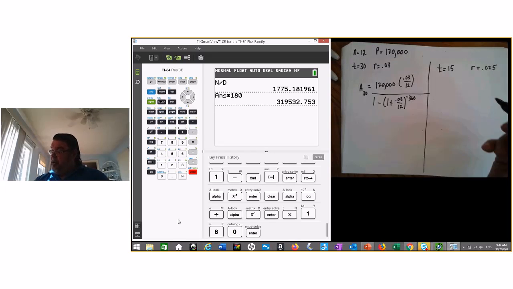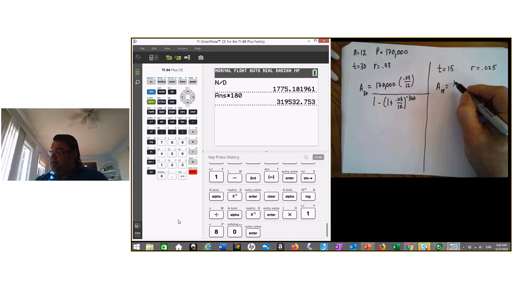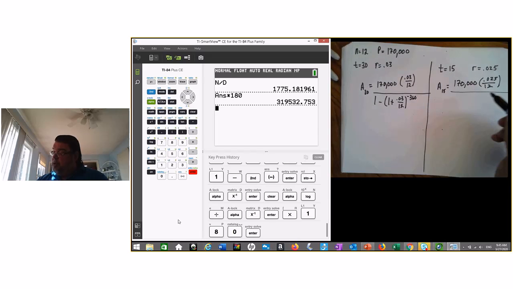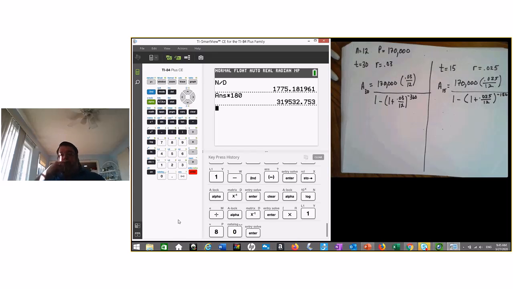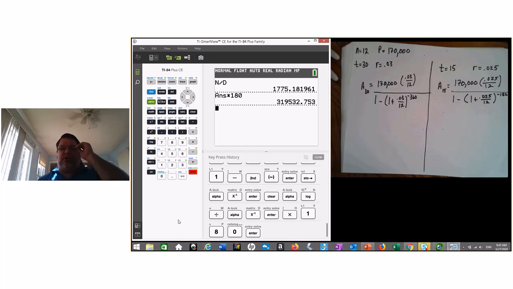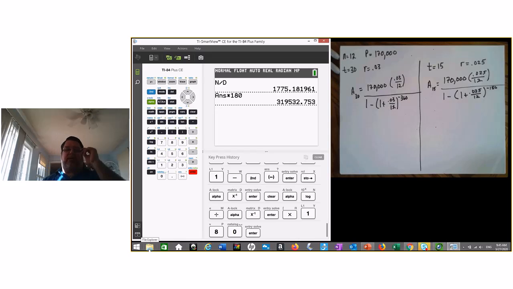Okay? Over here, A of 15 is equal to 170,000 times 0.025 over 12 divided by 1 minus, parentheses, 1 plus 0.025 divided by 12 raised to the negative 180 power. The reason I'm not making it bigger is because I'm trying to do two birds with one stone. I'm trying to show you all the calculator and the plugging and chugging at the same time.